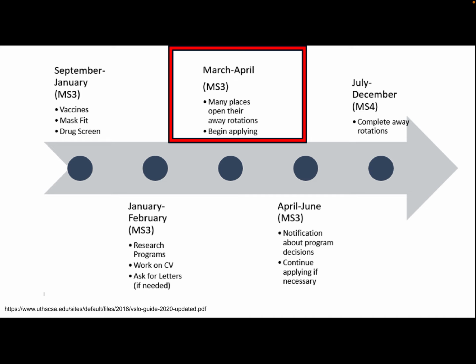So once April rolled around, I began looking at VSLO very frequently as programs were gradually added to the system. So I would check every day or every other day and save electives and begin gathering my application materials to submit as soon as the application allowed.